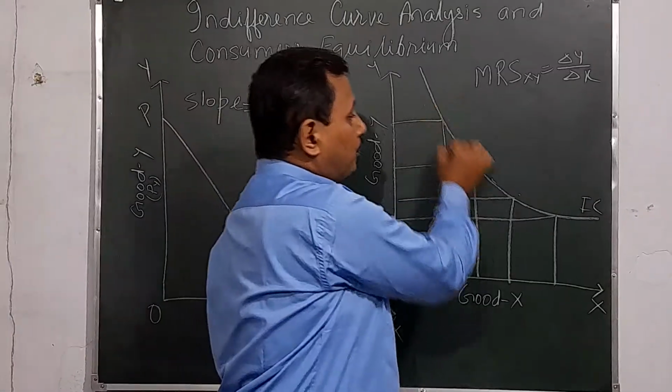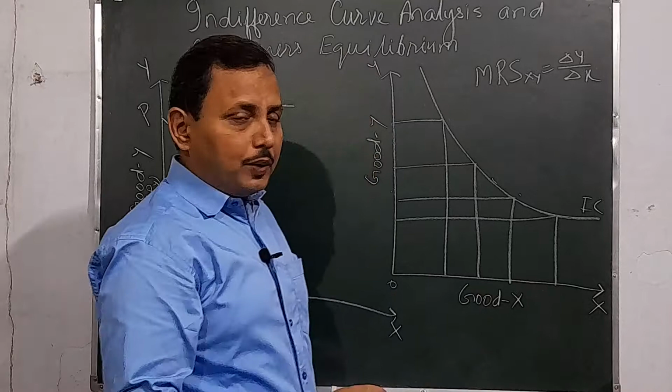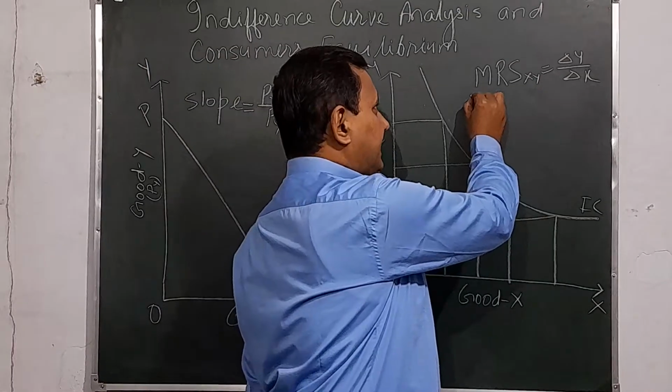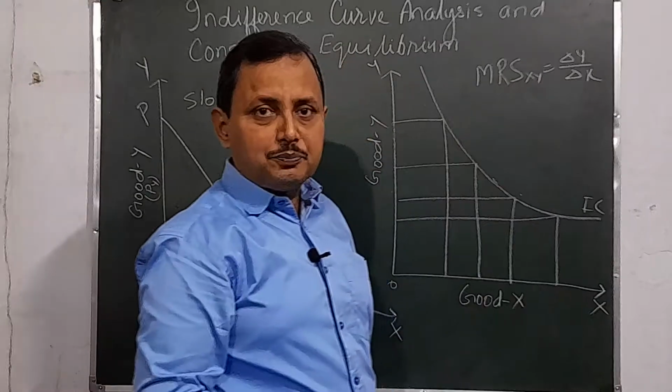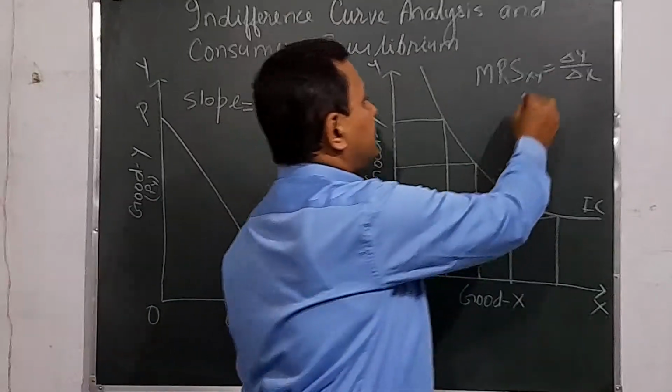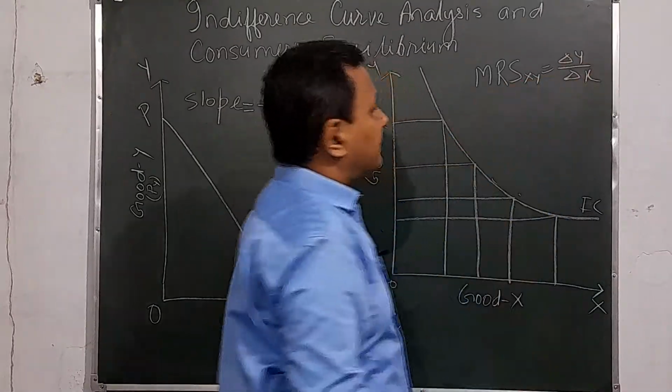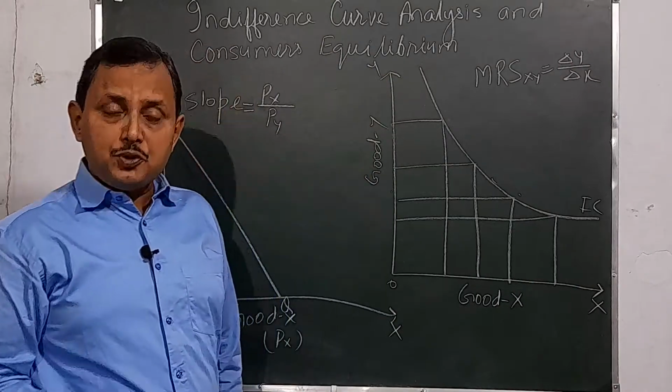Now, what is the slope of the indifference curve? The slope of the indifference curve is indicated by the marginal rate of substitution. It is written as MRS, marginal rate of substitution, and this is equal to delta Y by delta X. And what is the marginal rate of substitution?